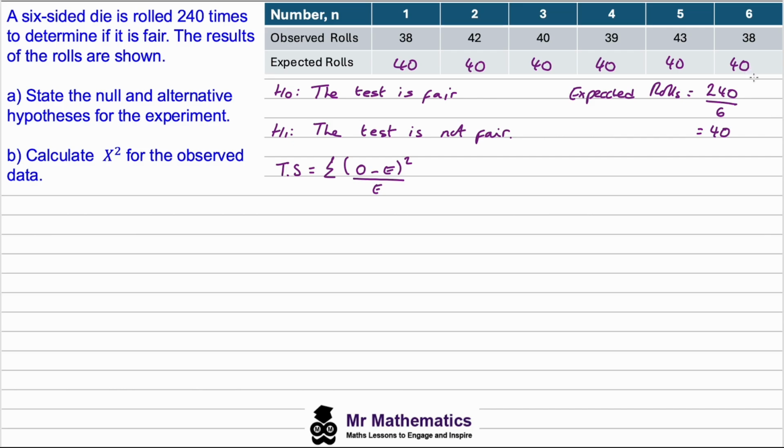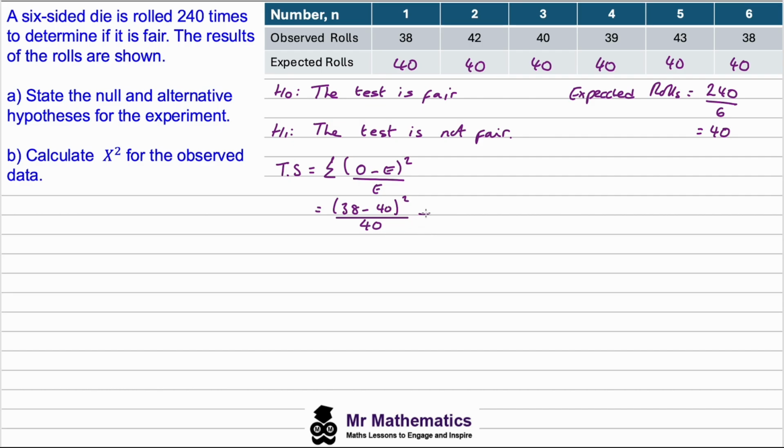So now we've got our expected rolls, we can use our equation where we have our observed number 38 minus the expected, which is 40, squared, divided by the expected number of 40.